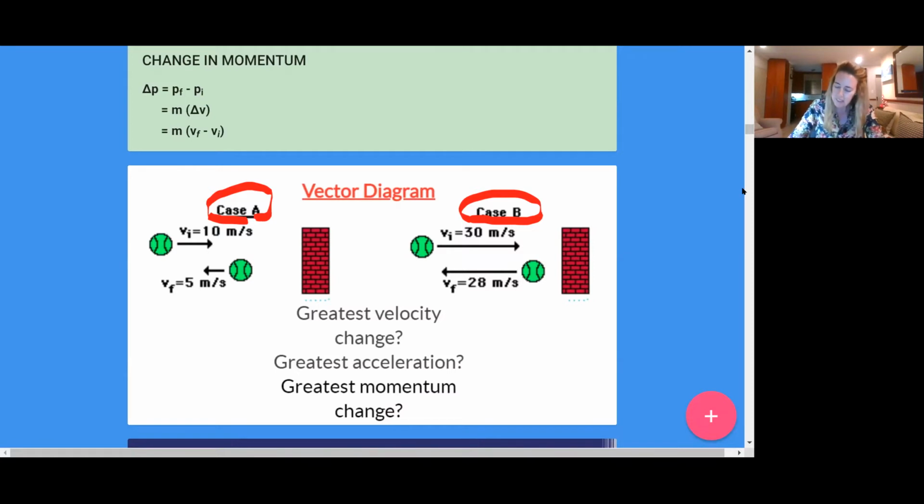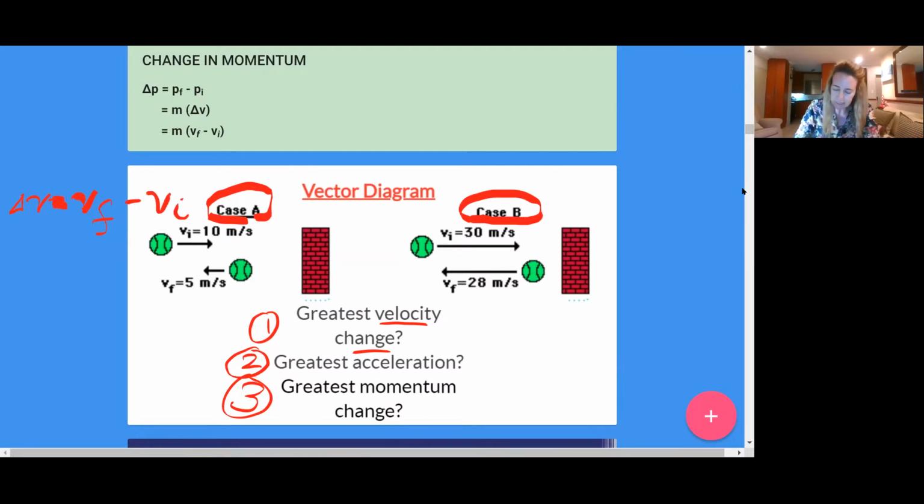In each of these cases, you have to comment on three things. In which case will you have the greatest velocity change, the greatest acceleration, and the greatest change in momentum? Let's get started. So you have to work out the change in velocity in each case. We know that in case A, the change in velocity will be the final velocity, take away the initial velocity.